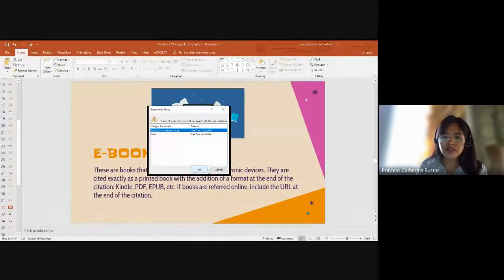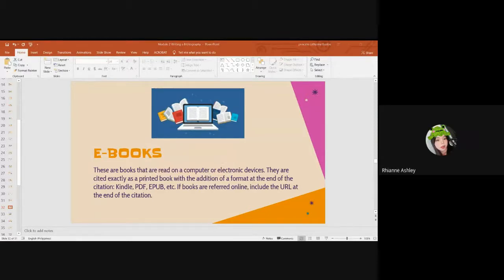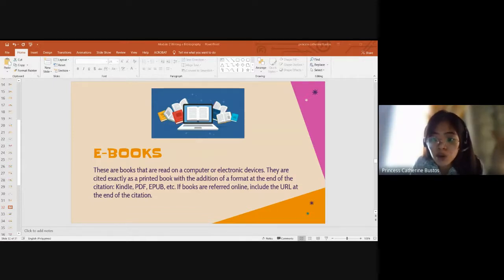Do you still see my screen? Yes po. Okay. Same with your printed book, you just need to follow the format of your printed book. However, at the end of it, you have to include the format of your ebook. Say, for example, you have your digitized module. What is the format of your digitized module?